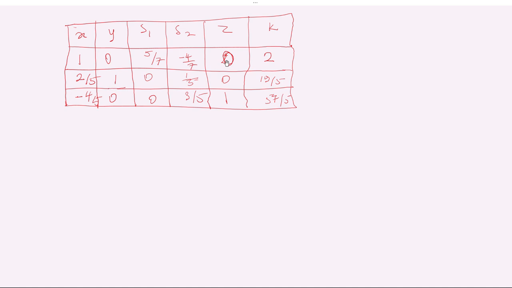So now that we have this, we need to use row 1 to transform row 2 and row 3 so that this and this will be equal to 0. We can use this to transform this to be equal to 0. How do we do that?